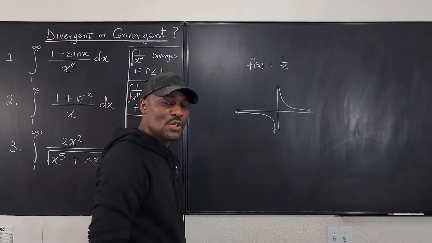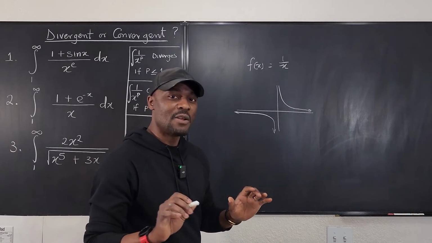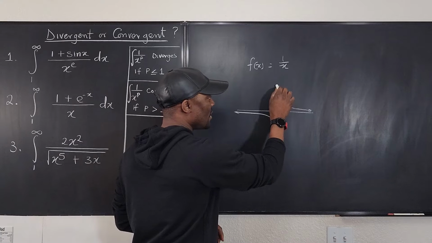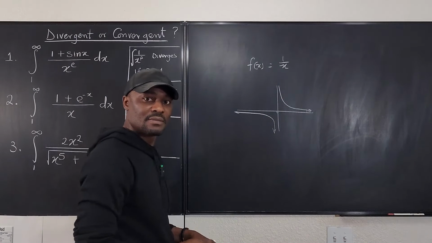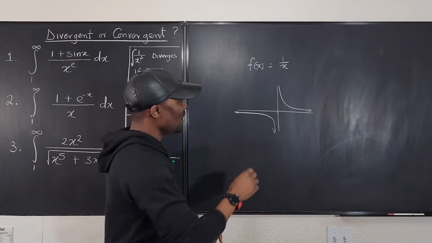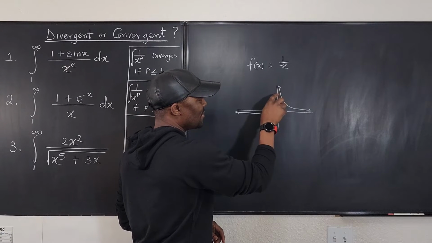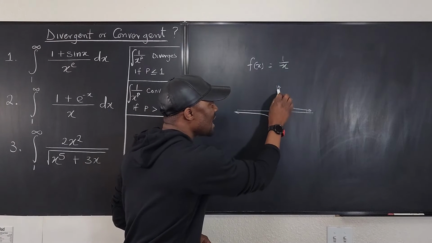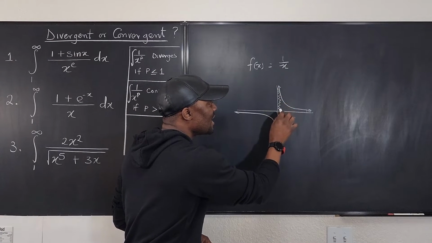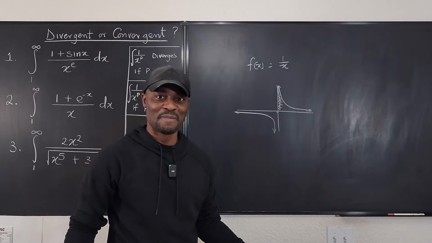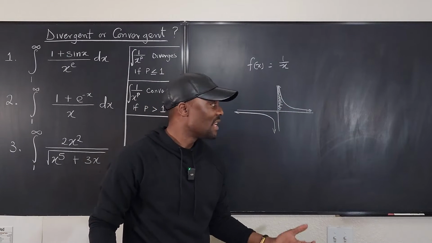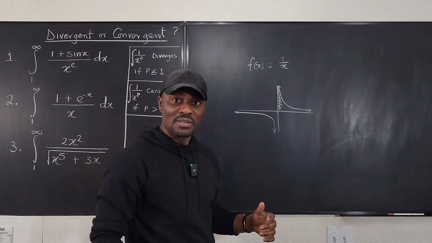Okay? So assuming I want you to find the area under this curve starting from 0 to here. To you, it looks like there's just a tiny space from here to here. But you see this area? Just this area is infinitely large. And therefore, it's not possible.